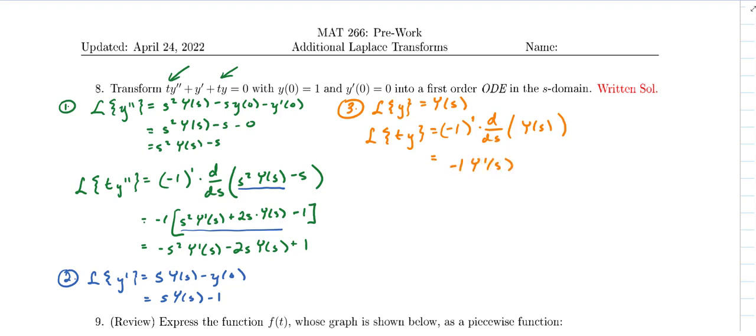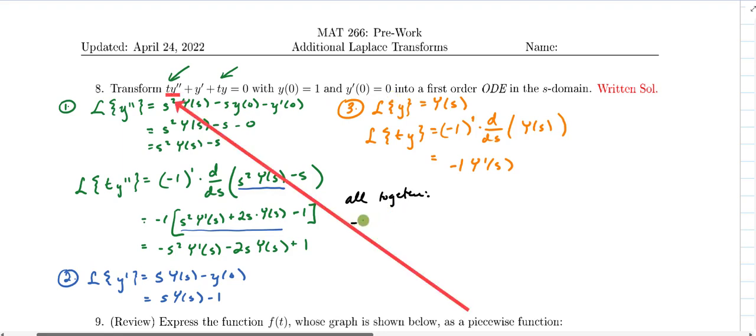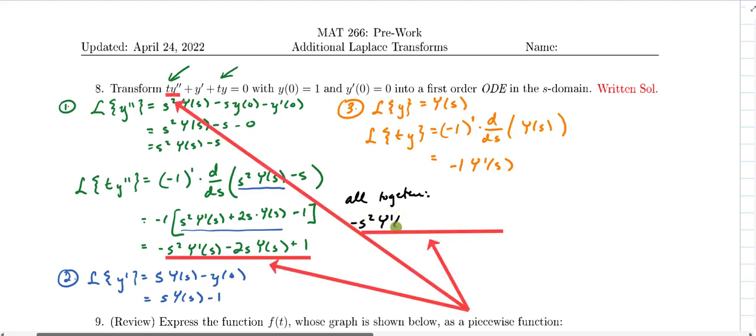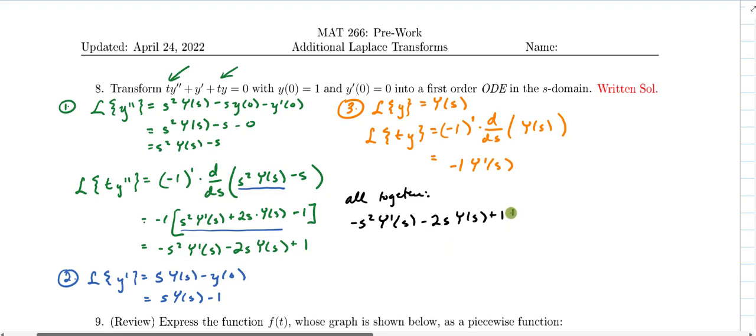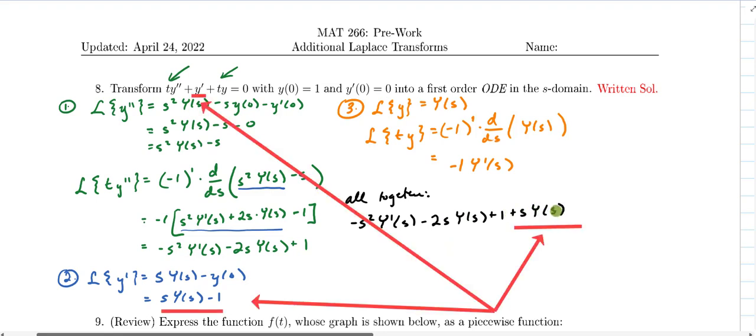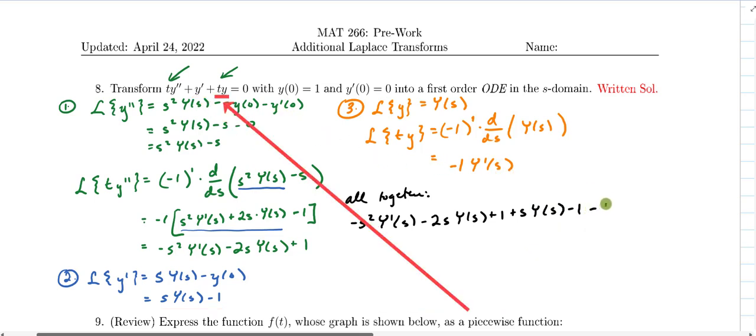So if I put all this together, what we end up with is that the Laplace transform of the original ODE, together with those initial conditions, comes out to be minus s squared y prime of s minus 2s y sub s plus 1 plus s y sub s minus 1, and then minus y prime of s equals 0.